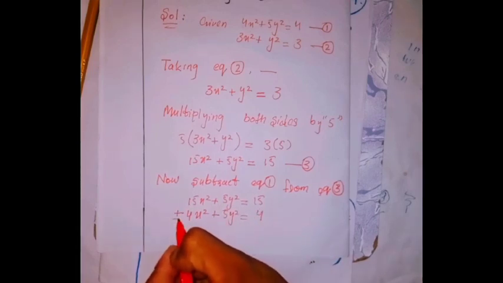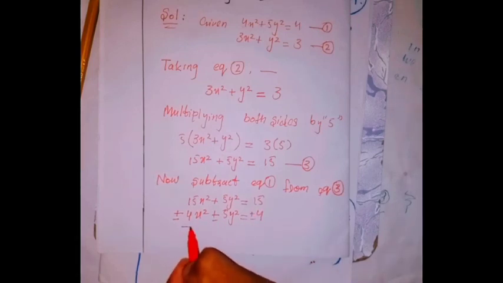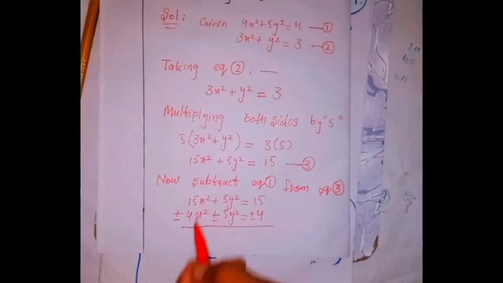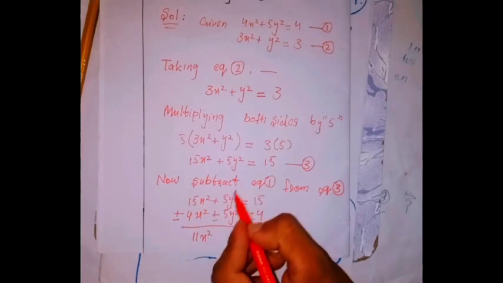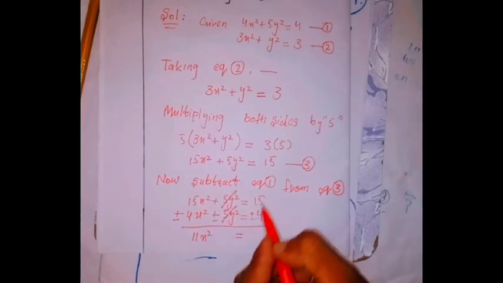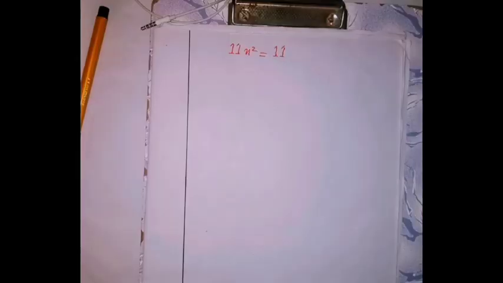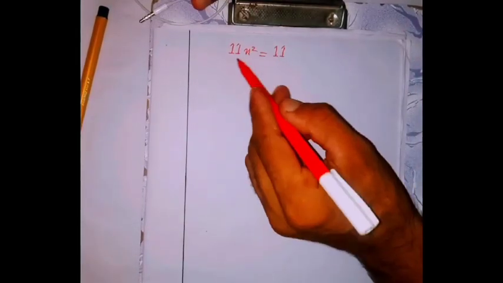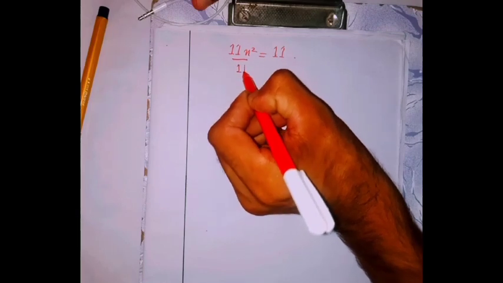Now to subtract this, we simply change the sign. So we get 15x square minus 4x square, so we get plus 11x square, and plus 5y square and minus 5y square cancel with each other. So 15 minus 4, we get 11. So 11x square is equal to 11.